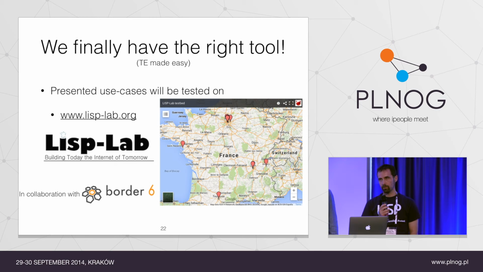Okay. So about the implementation, as far as I know, there are a couple of implementations that support that. In France, we are working on including that feature in OpenLISP, which is the open source implementation that we have. But we are not there yet. It's to come.